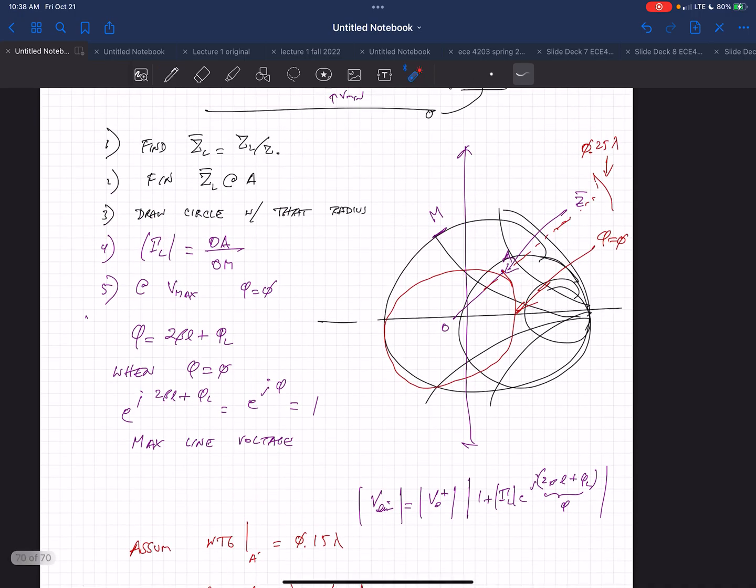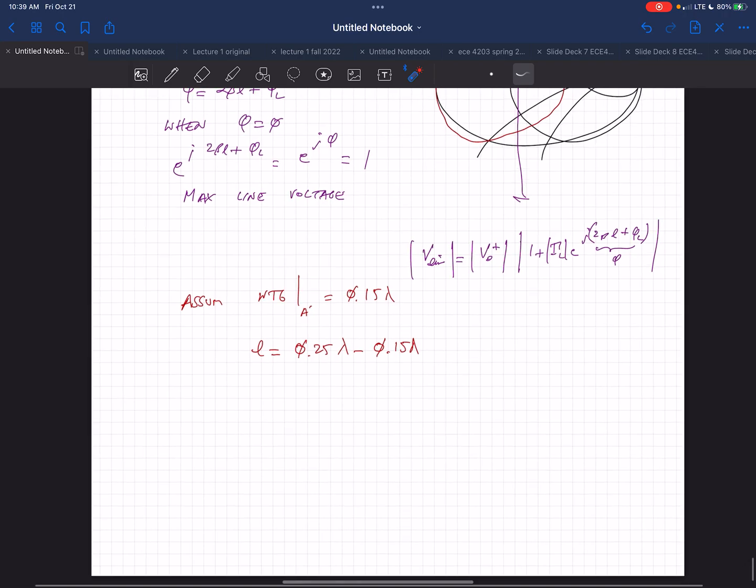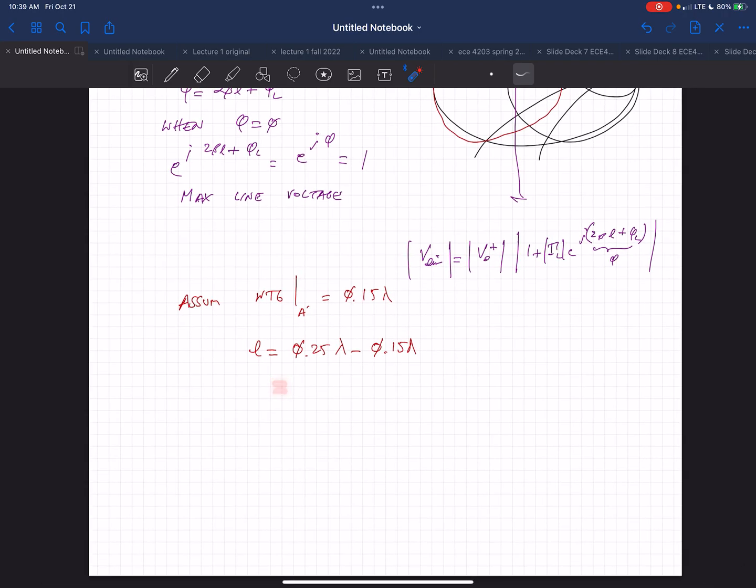This WTG 0.25 lambda is right here at this point. So if this was 0.15 lambda, I would have to move away from the load by 0.1 lambda to end up here. And that's the location of the first maximum in voltage.